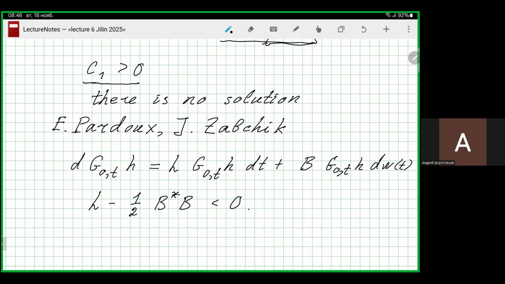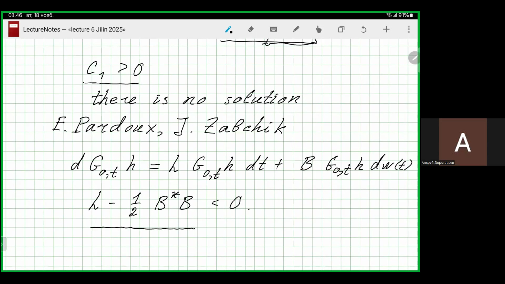So we have such a stochastic differential equation. Then it will give us the stochastic semigroup as a solution to the Cauchy problem. Here you see this inequality.